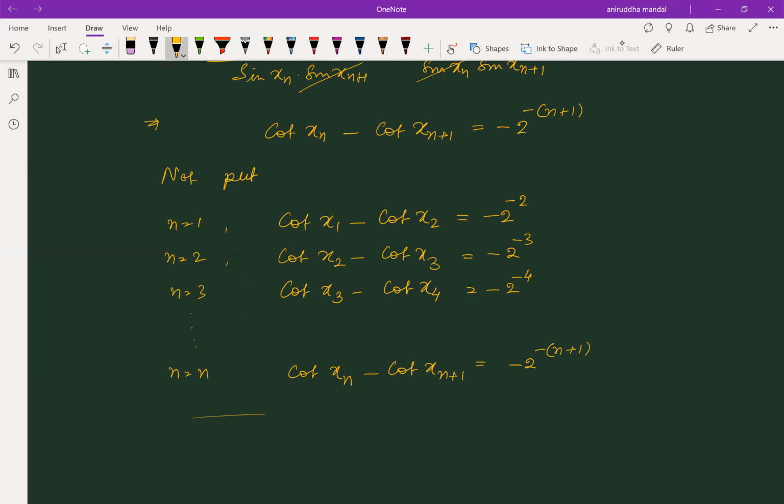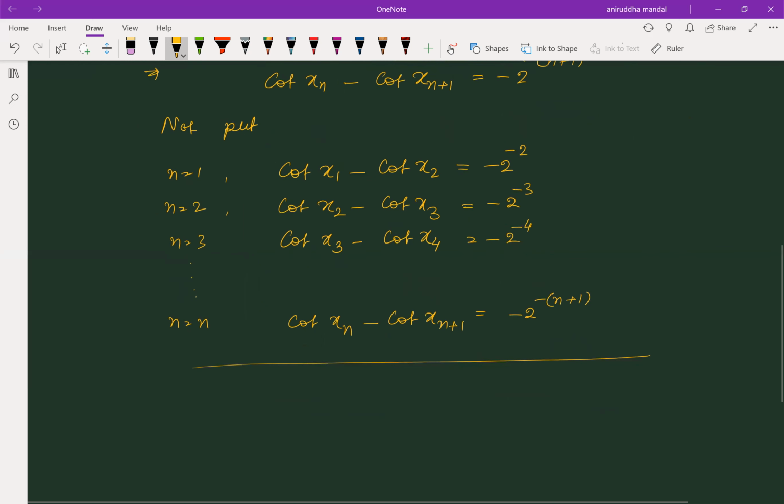Now we add these expressions. The middle terms get cancelled, so the remaining terms are the first term and the last term.